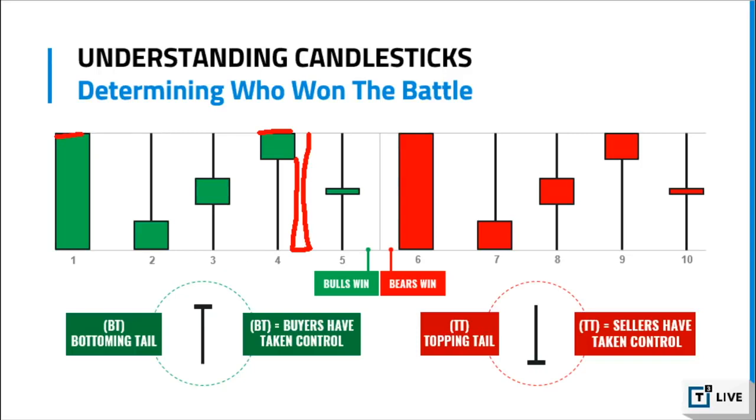Okay? But in this case, what's the difference between number 1 and 4? The difference is that number 4 is battle tested, right? The buyers were battle tested and they won the test. They won the battle. Number 1, the sellers maybe were on a break.